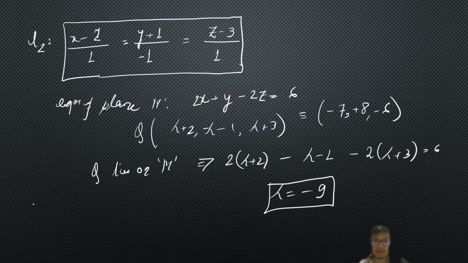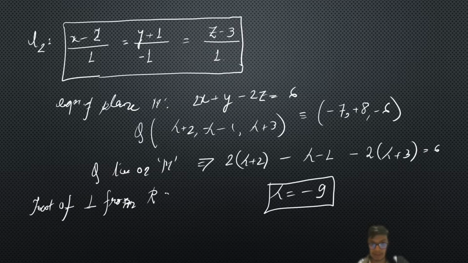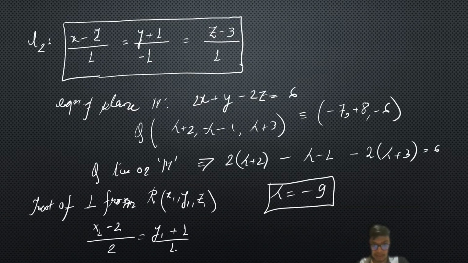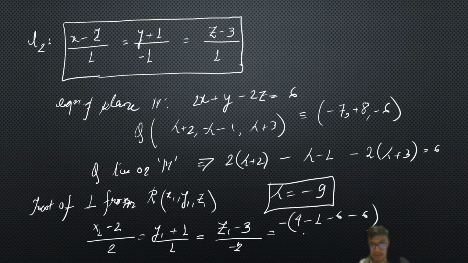Now I need to find the foot of perpendicular from P, which is R. Let's assume that it is (x1, y1, z1). So (x1 minus 2)/2 equals (y1 plus 1)/1 equals (z1 minus 3)/(-2), and that is equal to minus of (4 minus 1 minus 6 minus 6), putting the point P into the equation of plane M, divided by a squared plus b squared plus c squared, which comes out as 9.